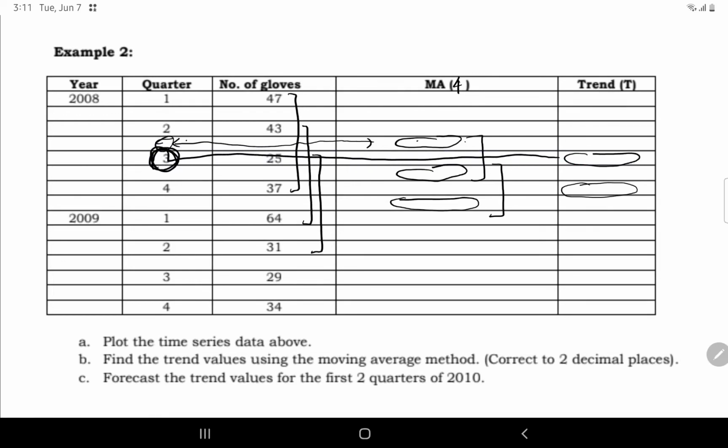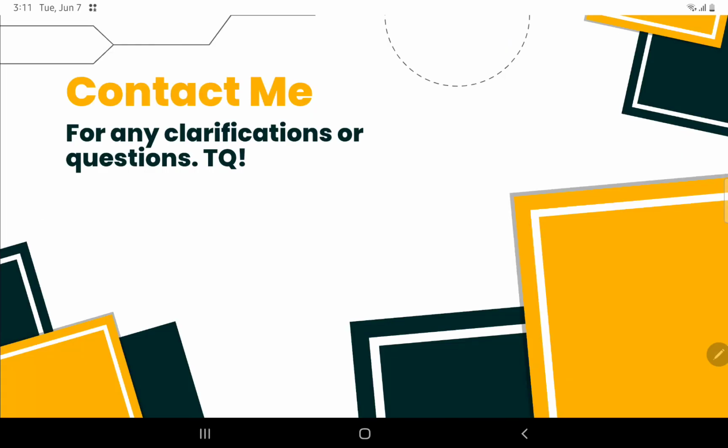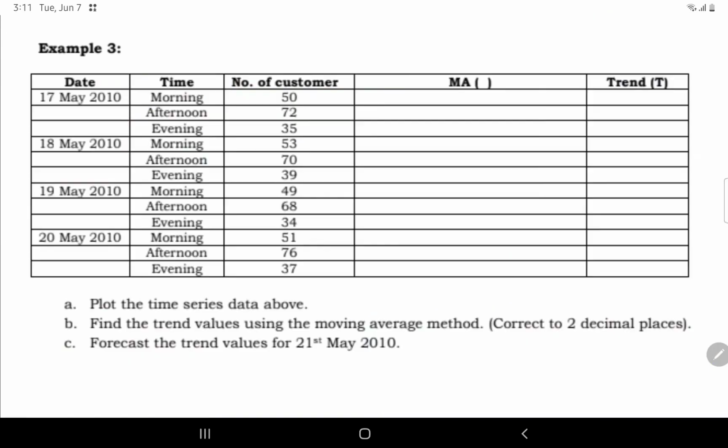So, maksudnya ini adalah trend value untuk quarter 3. Ini adalah trend value untuk quarter 4. Okay, sebab apa kita kena tambah lagi satu kolom? Sebab bila kita perform MA4, kita belum jumpa dia punya quarter. Okay, dia punya data kat sini. Tapi untuk question example 3 tadi, sekejap saya tulis balik data dia.